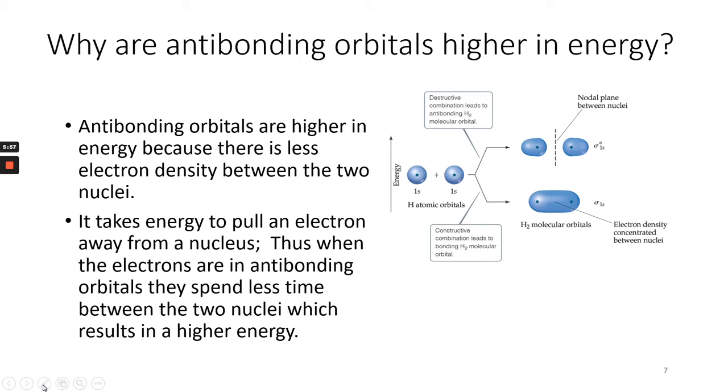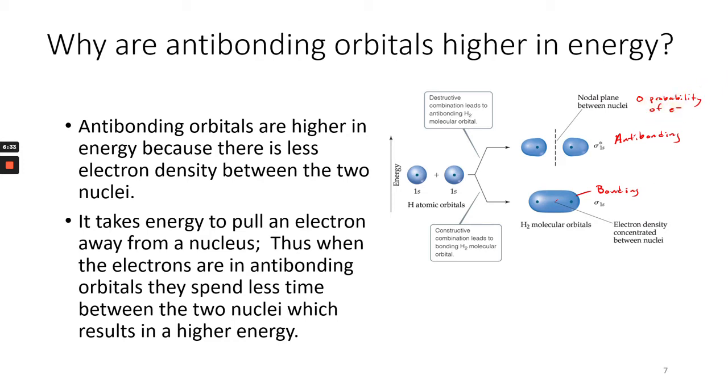Why are antibonding orbitals higher in energy? Well, antibonding orbitals are higher in energy because there is less electron density between the two nuclei. So here's my bonding, and there's a high density of electrons right here. See, the electron density is concentrated between the two nuclei. In my antibonding, what do you notice is in that spot? There's your nodal plane where there is zero probability of having the electron there.